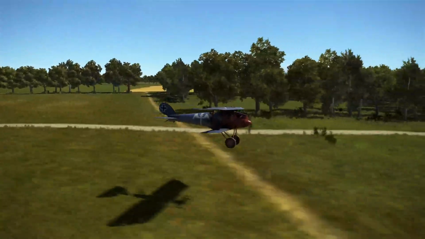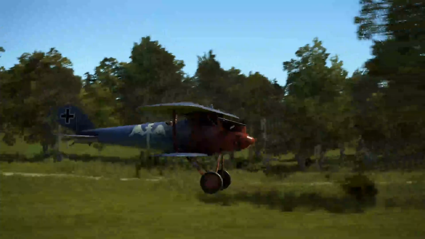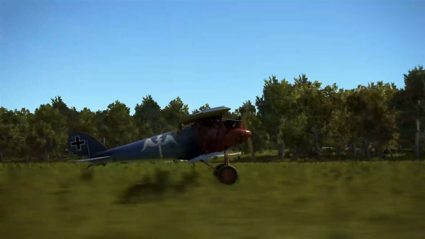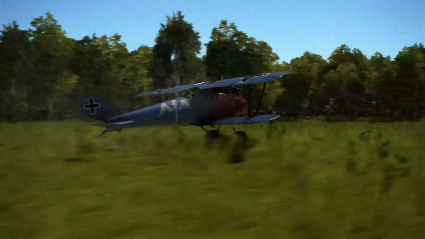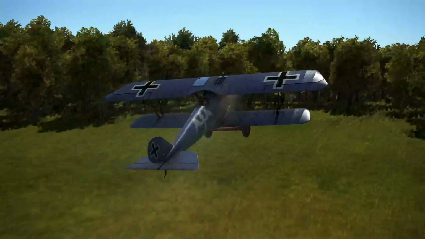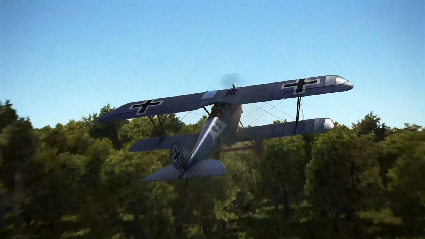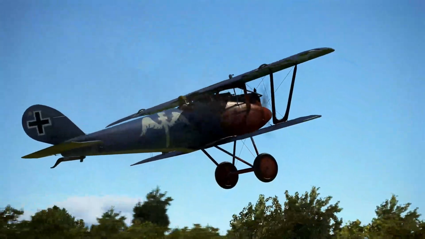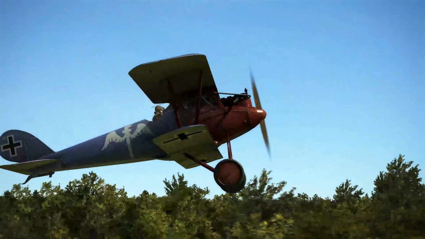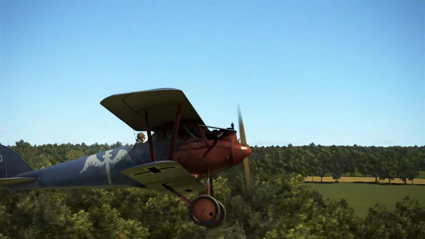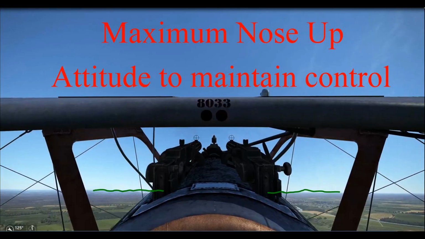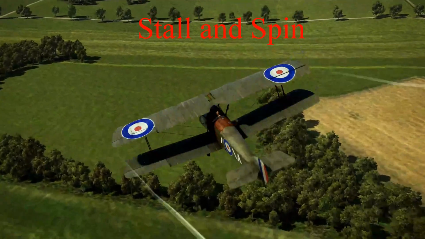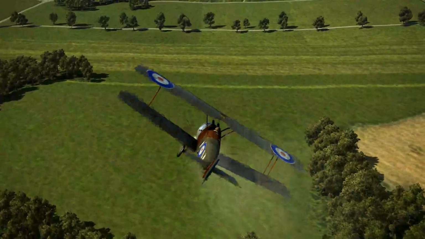And all you need to do now is to fly it level by raising the nose slightly to bleed the speed, and a bit more, and you touch down. So when you practice, don't do what I did and choose a short airfield with trees at the end. And if you review the previous clip, you'll see that when I raised the nose to climb over the trees, I never raised it above this point. If I had, I would have stalled the aircraft and had no room to recover, and died.